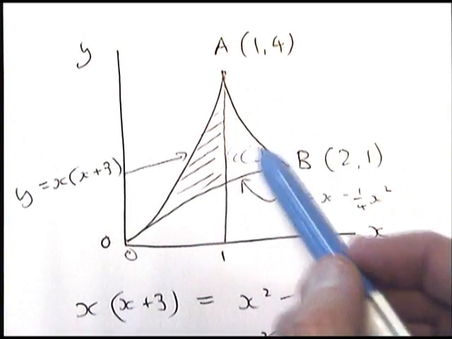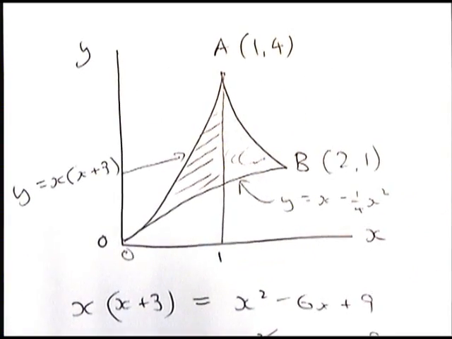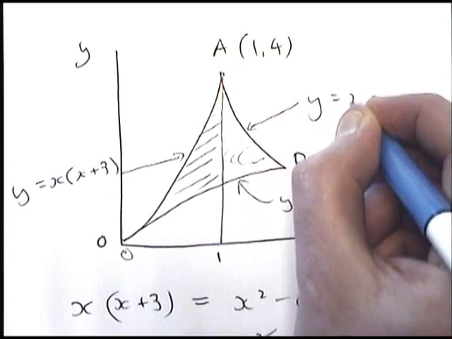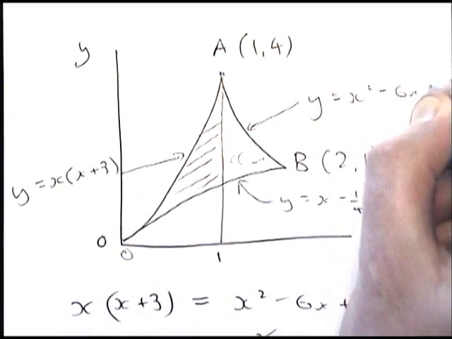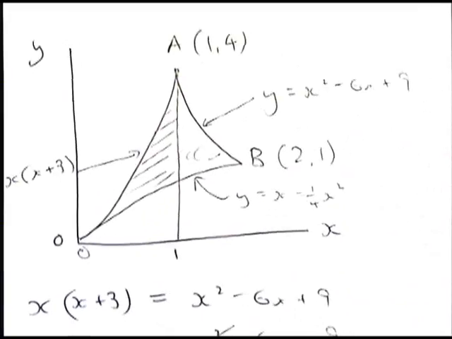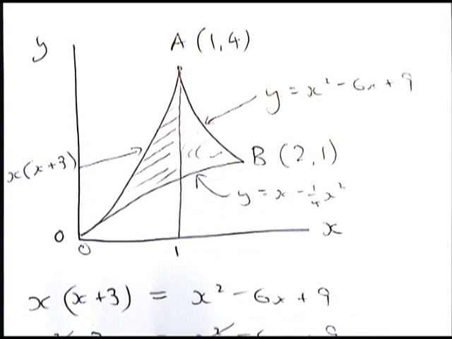We're now trying to find this area here. So this time I need the equation of this curve. The equation of this curve we already know is y is x squared minus 6x plus 9. That's the top curve, and I've got the bottom curve.